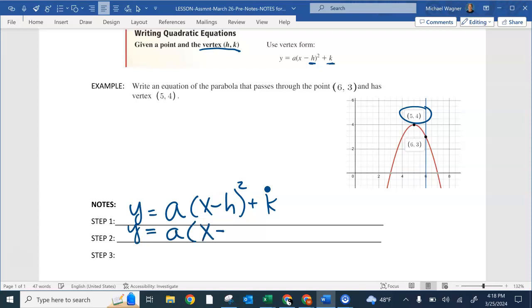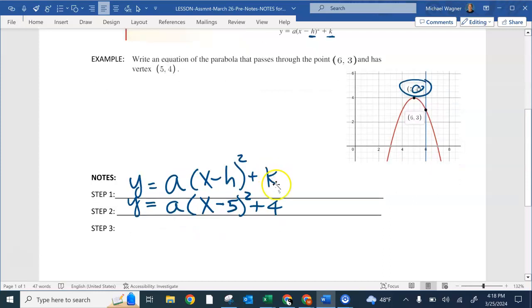It's always going to be x minus. Now, if h is positive, then it's just x minus 5 squared. If it would have been negative, we would have had to write x minus negative 5, and that would have ended up becoming plus because when you subtract the negative. But here, it's just x minus 5 squared. And what's our k? Our k is 4, so plus 4.